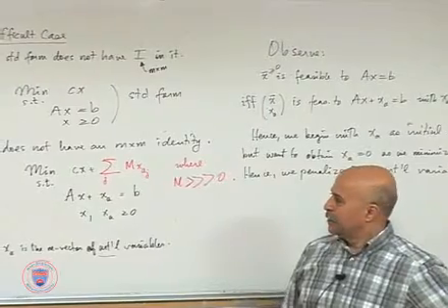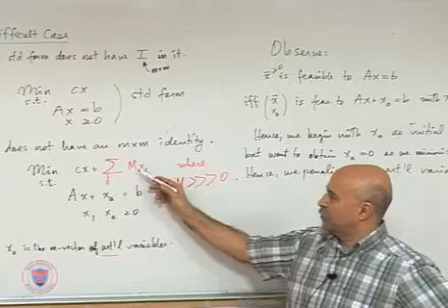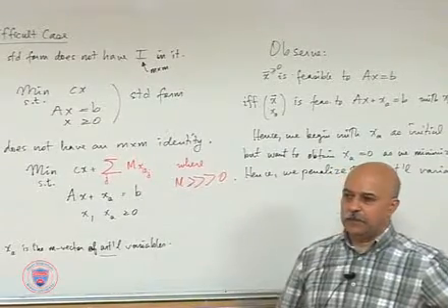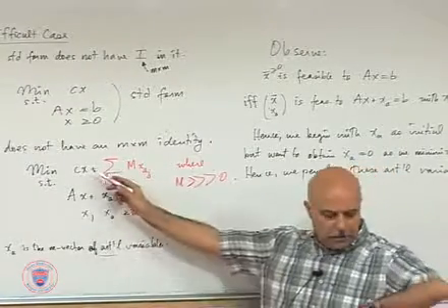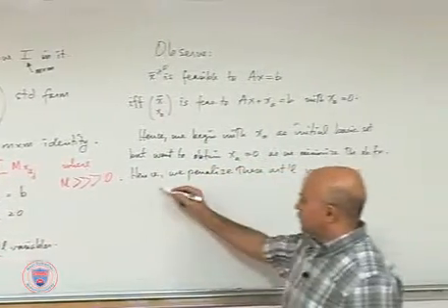Okay? So in an attempt to minimize this objective function, you are hoping that all of the x_aj's will eventually become 0 through the iterations, and then finally you will get a true optimum value. This is called the big M method.